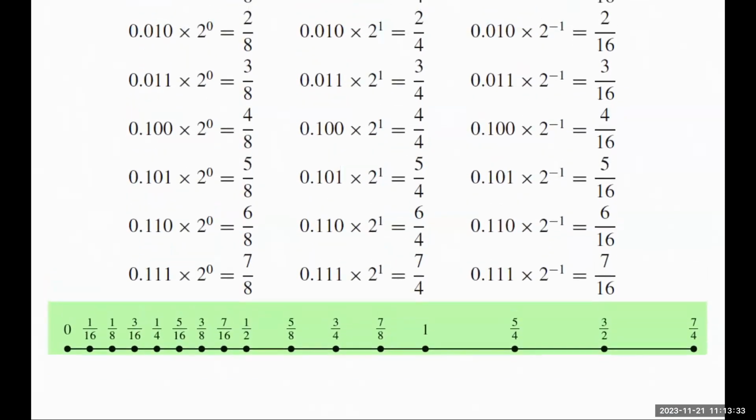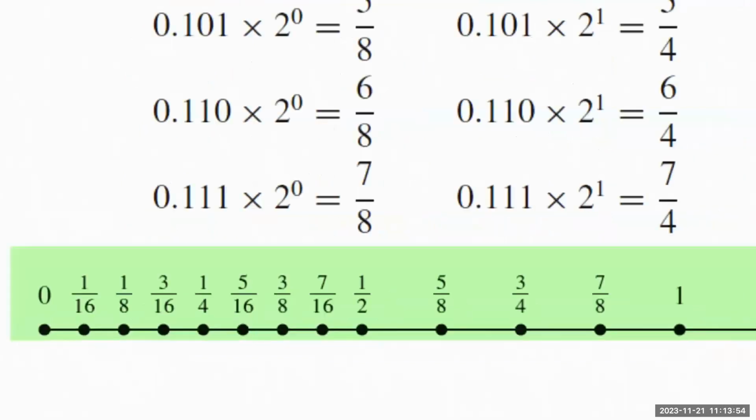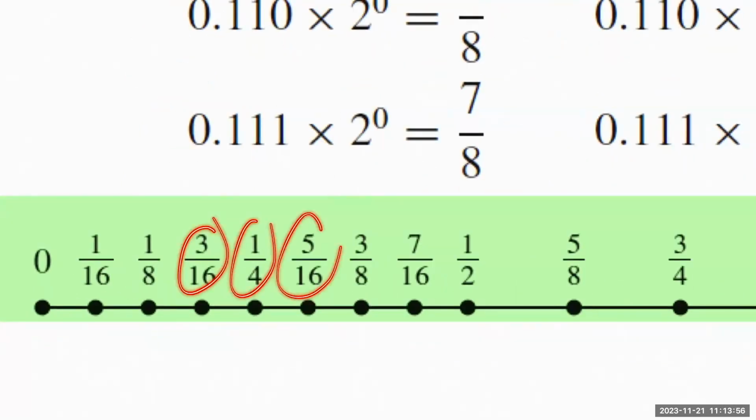And when I put all the numbers in this system onto the real line, you can see that there are spaces between them. There are spaces because only the numbers 1 over 16, 1 over 8, 3 over 16, 1 over 4 can be stored exactly.